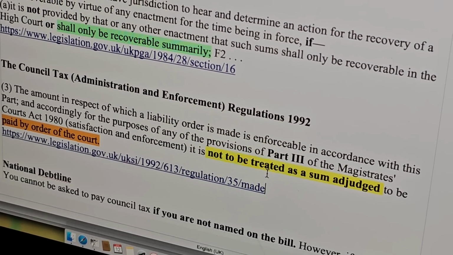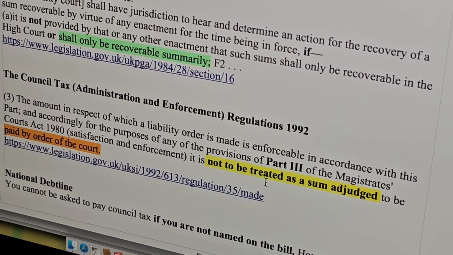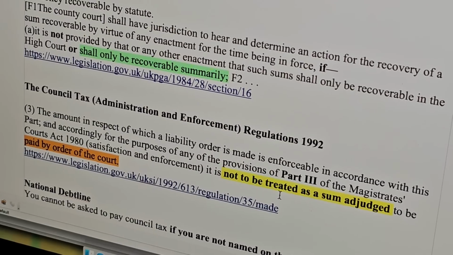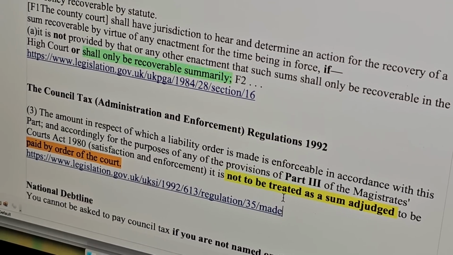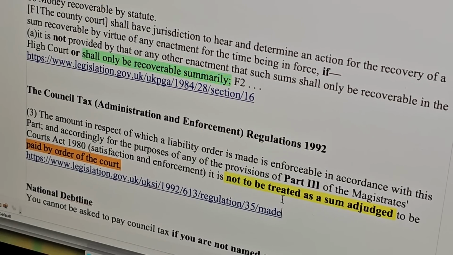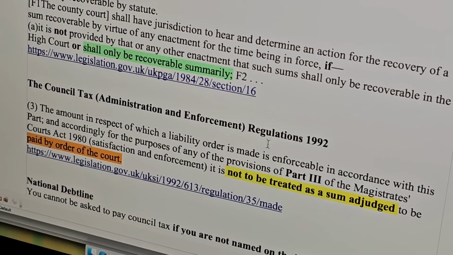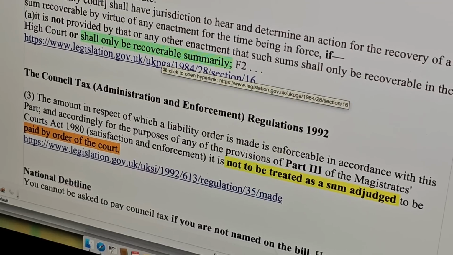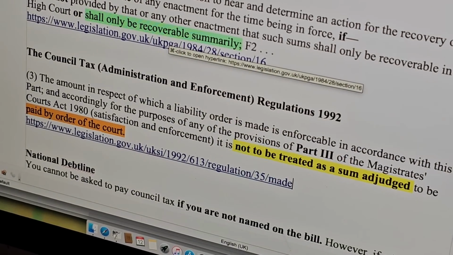So if you had a criminal fine, they could come after you, but they can't come after you for a civil debt according to this County Court Act 1984.